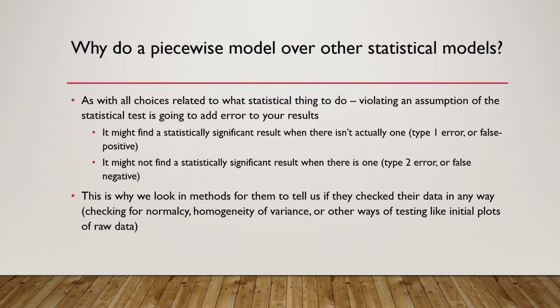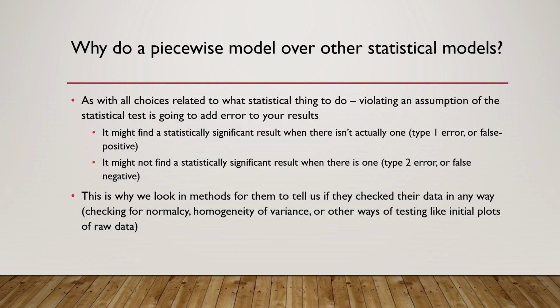We might see a test called homogeneity of variance. That's a weird word, which essentially means when we are comparing across data sets, do we have similar amounts of variance, or are some data sets really spread out and some are really, really tight around that mean? That can impact how statistical tests work.